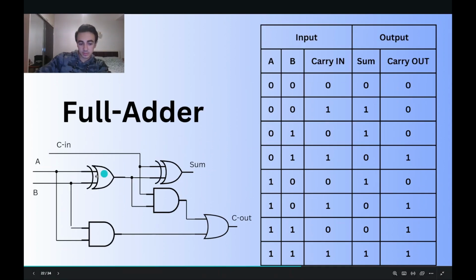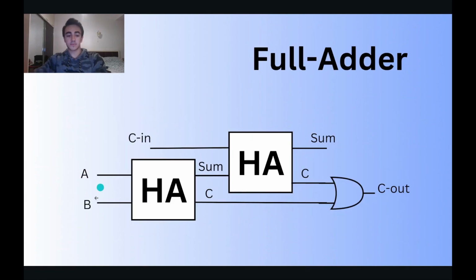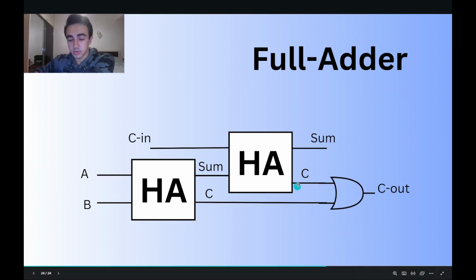And in the full adder, we see two of these. So the full adder basically consists of two half adders connected with an OR gate. The half adders output the sum of each part of the operation, and we get the combined carries using the OR gate.